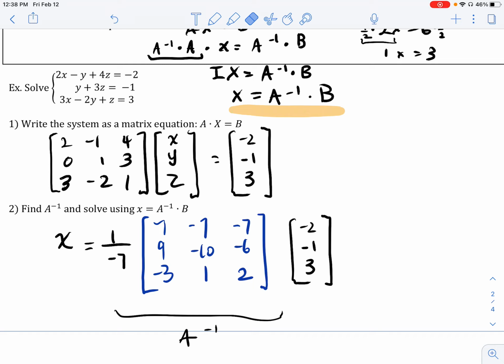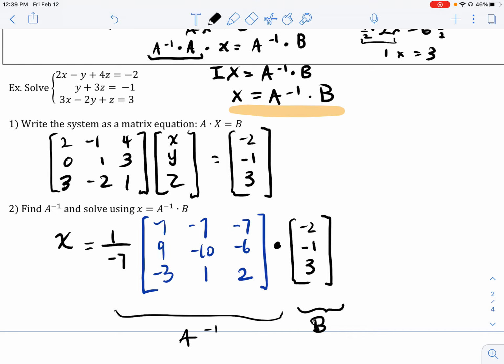So we're now going to multiply. Hopefully you see why I didn't distribute that -1/7 just yet, because it's easier to work with multiplying that matrix by this matrix than it is to have this -1/7 distributed first.